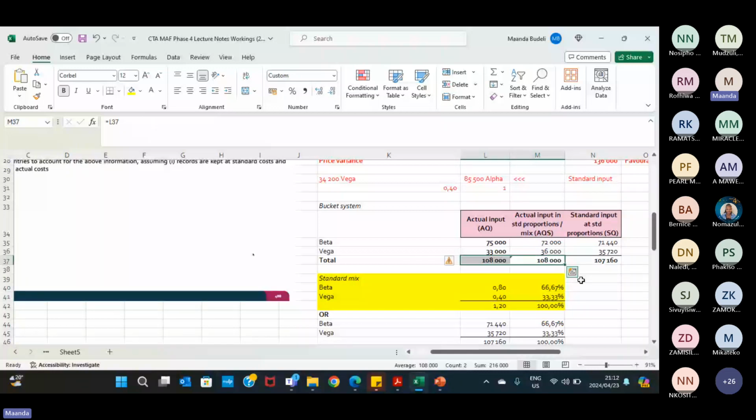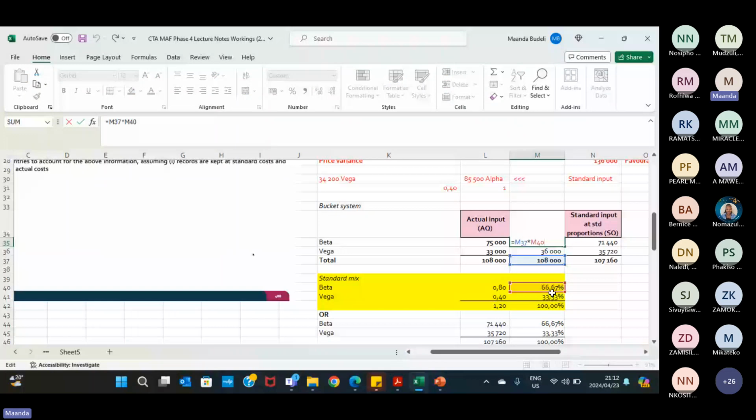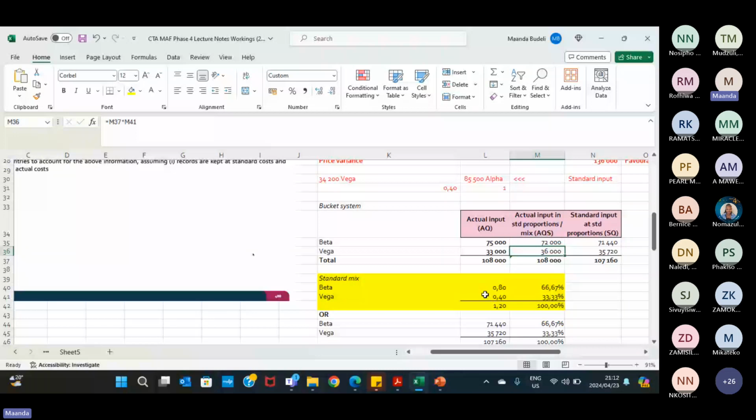I take the total. I multiply this with the 66 because that should be my mix, right? If I have my total kgs, I need to know that, okay, because my standard mix is saying this, then that should be my mix. Then my mix here becomes 72, and my mix here becomes 36.